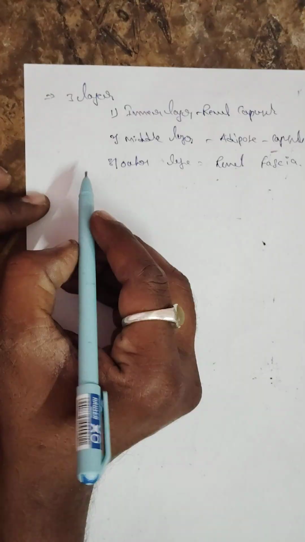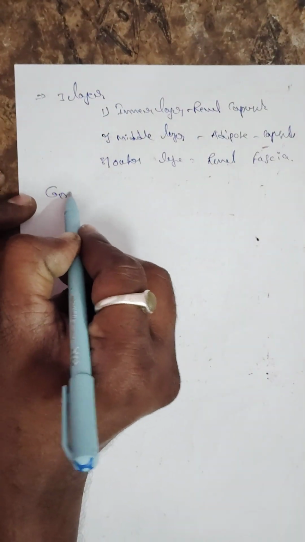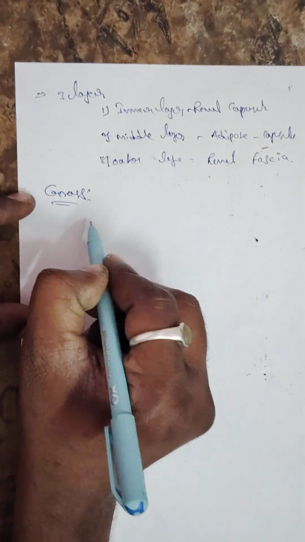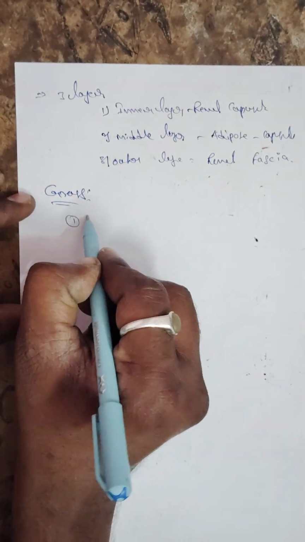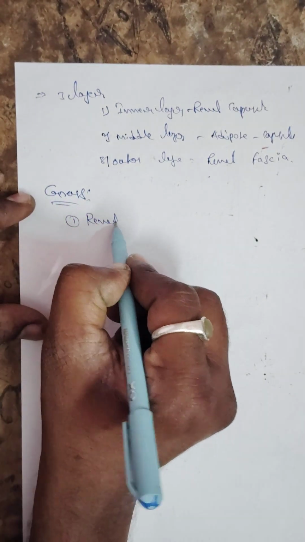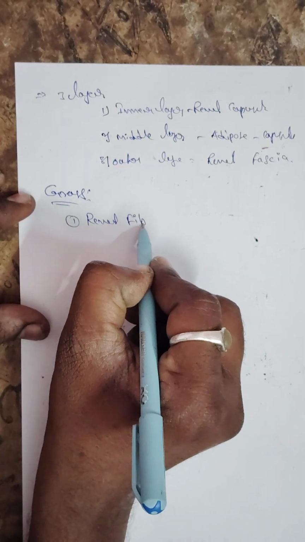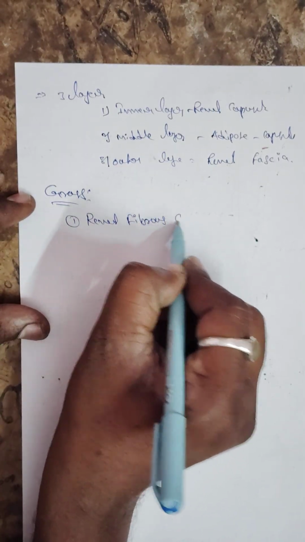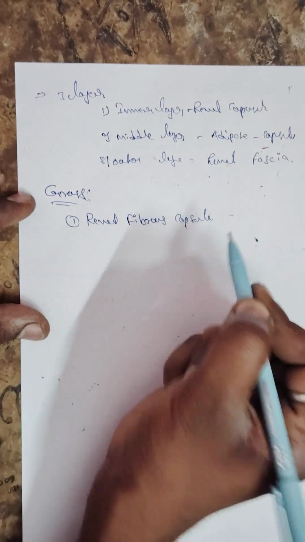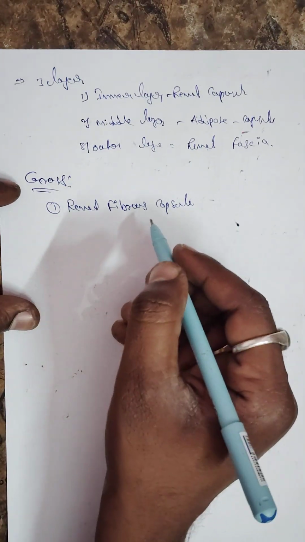Number one is the renal fibrous capsule, in the gross structure of the kidney. What is its importance?